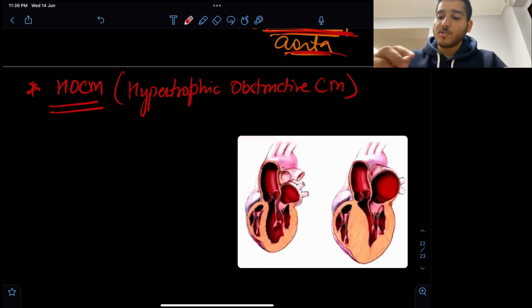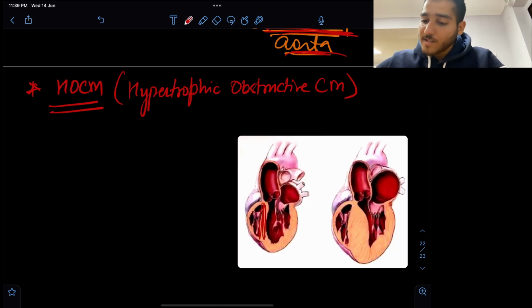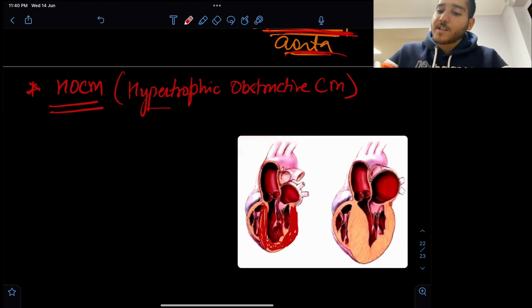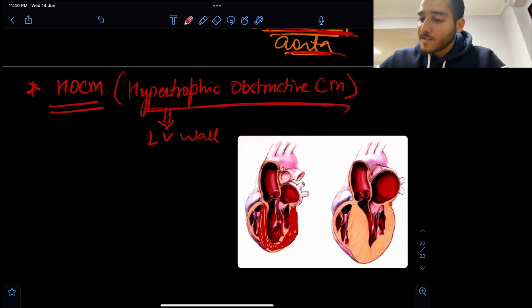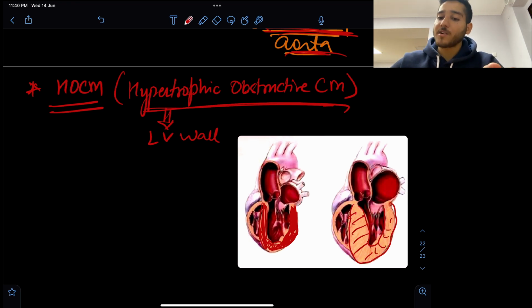See, so normally this interventricular septum, this wall of the left ventricle is normally 1 centimeter thick. Okay, but in patients of hypertrophic obstructive cardiomyopathy, there's hypertrophy of left ventricular wall. Right, see, this left ventricular wall is now 2 or 3 centimeter thick. So this is thick wall. That's why we call it hypertrophic.